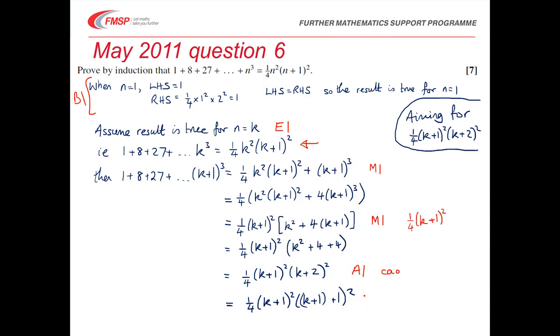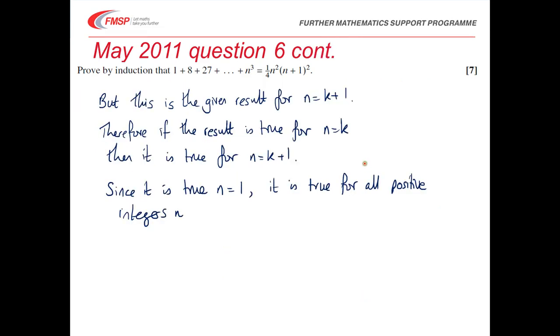We've then got two further marks for your conclusion, and those are dependent on the previous work being correct. There's a mark here for saying that this is the given result for n equals k plus 1, therefore if it's true for n equals k, then it's true for k plus 1. And that is dependent on the previous accuracy mark.